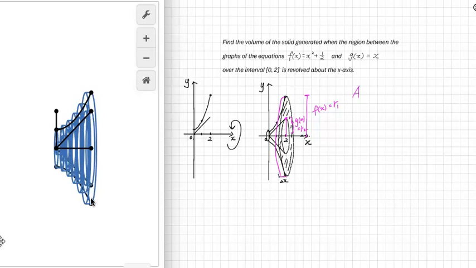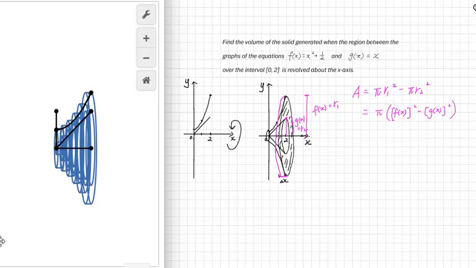Therefore, the cross-section area is pi r1 squared minus pi r2 squared. So we factorize pi out and have pi times f of x, the whole thing squared, minus g of x, the whole thing squared. That's our cross-section, and the depth of the cylinder is the change in x.